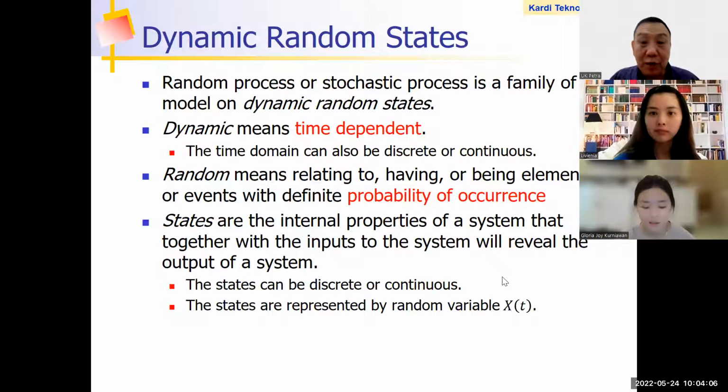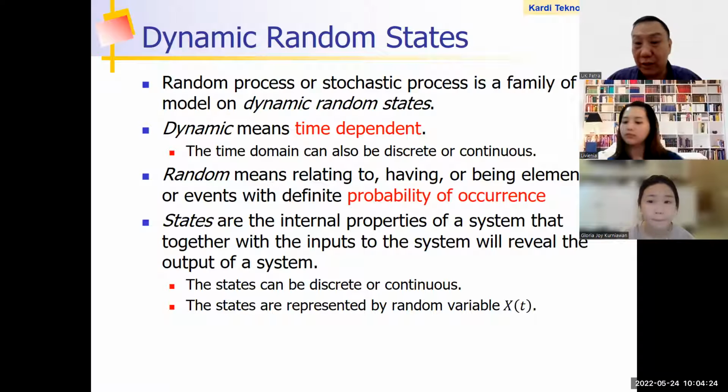Yeah, and random, what? Random means having some kind of element of luck, relating to or having, or being element or event with definite probability of occurrence. Yeah? There is some kind of luck or probability on the occurrence.